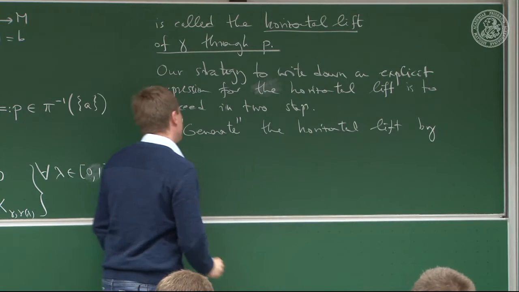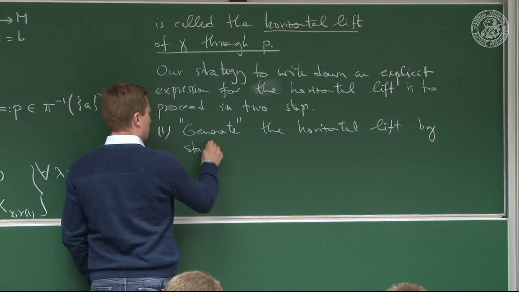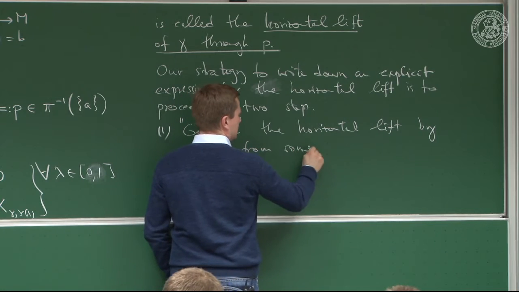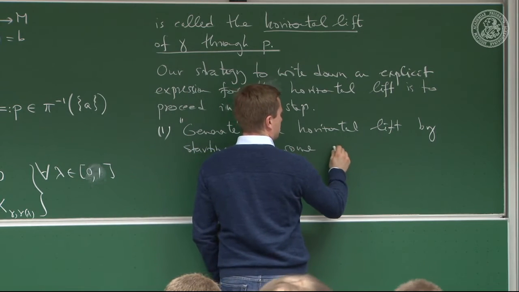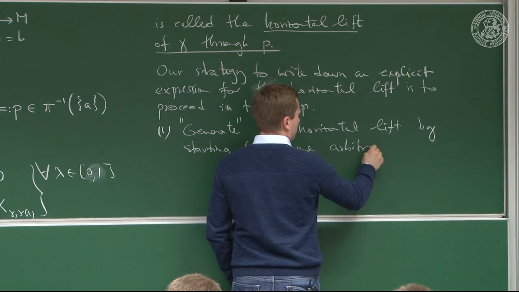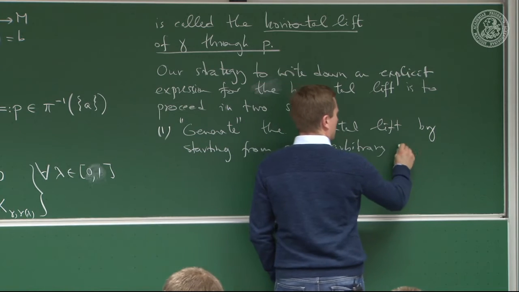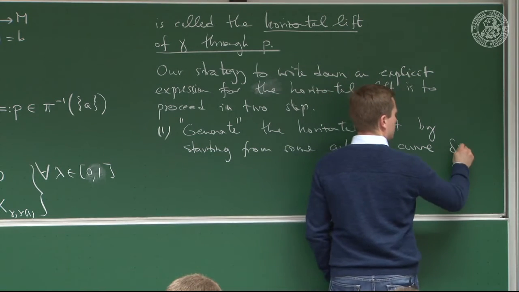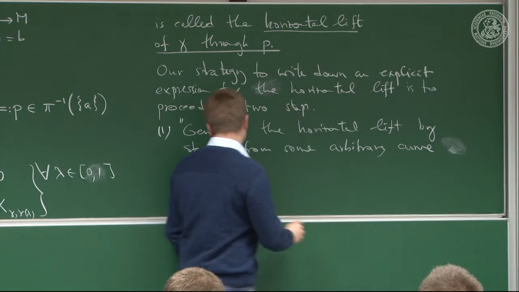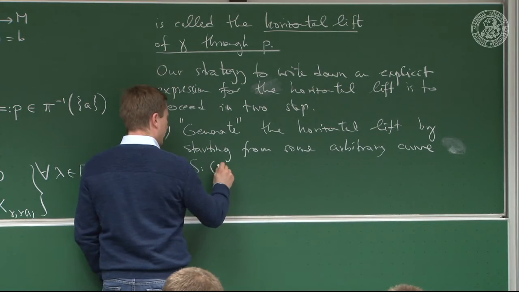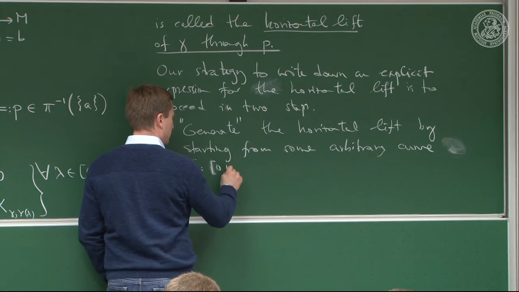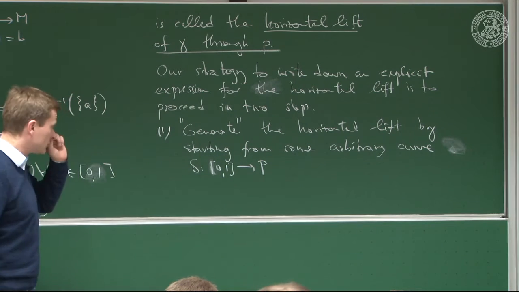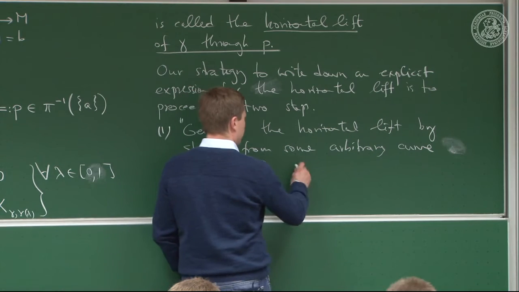by starting from some arbitrary curve delta, which is supposed to be a curve also from 0 to 1 in the principal bundle that projects down to the original curve.